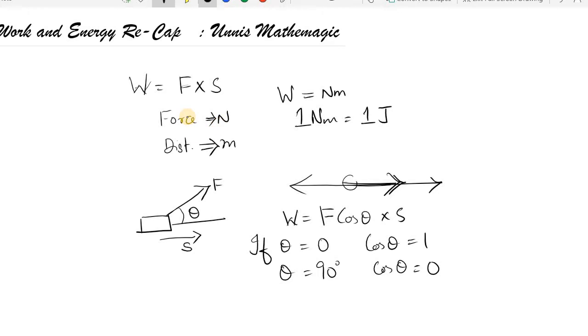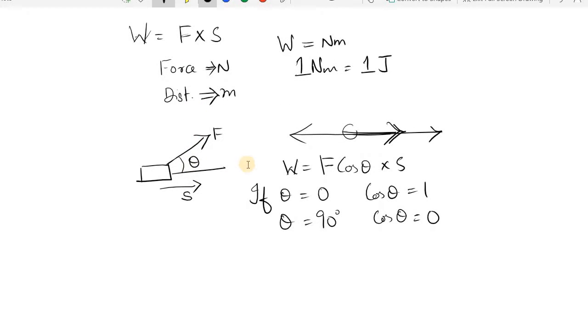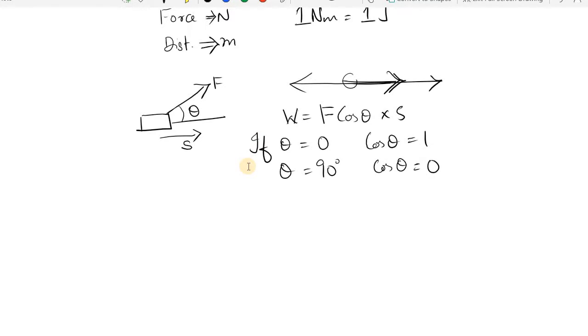That means if the direction of motion is perpendicular to the direction of the force, then the work done is said to be 0. The example that we see often is, there's a coolie here and he's carrying a load from point A to point B. So now, what is the work done by the force of gravity?